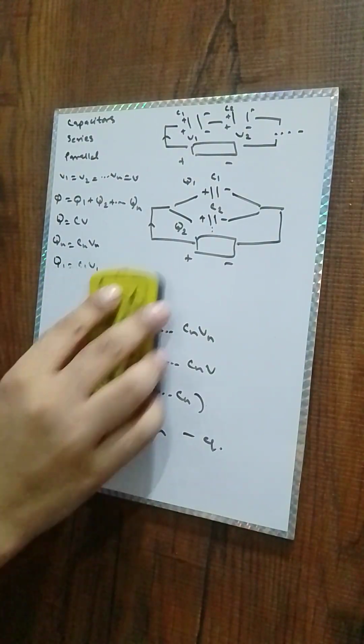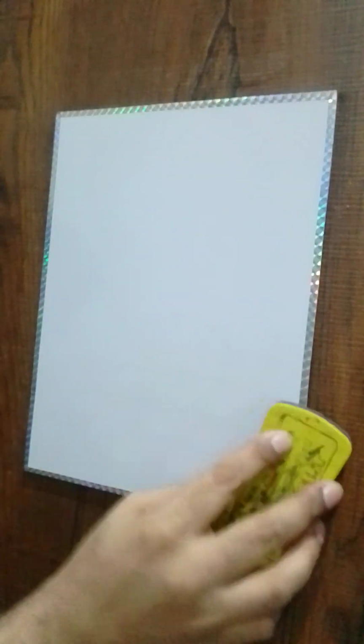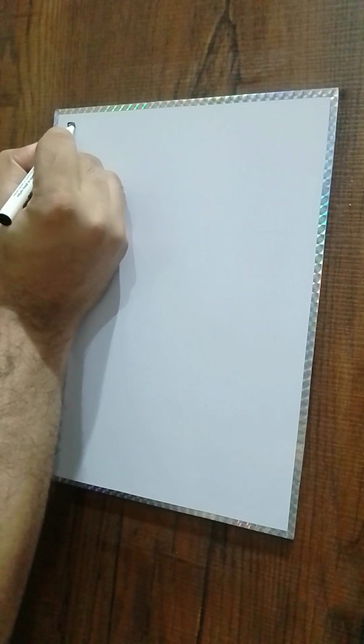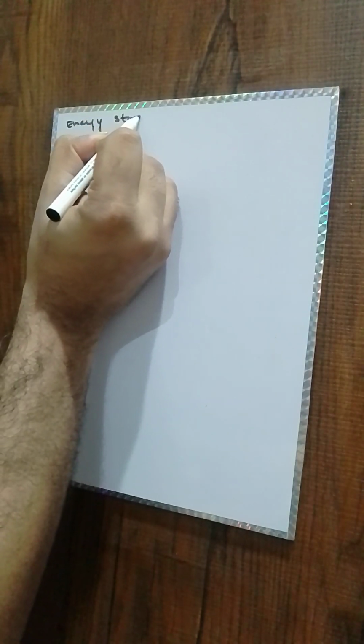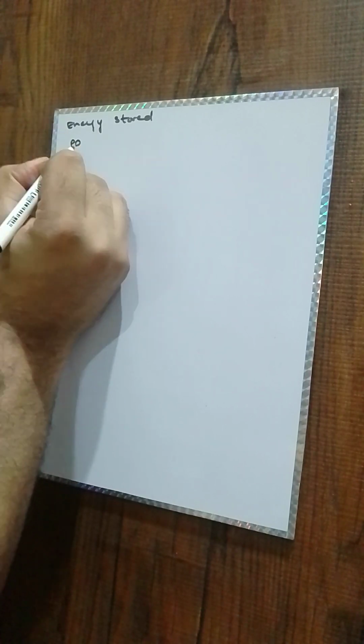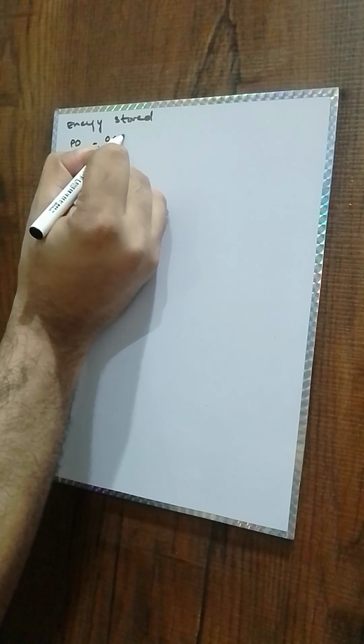So now energy stored in a capacitor. Potential difference average is equal to 0 plus V by 2, which is V by 2.